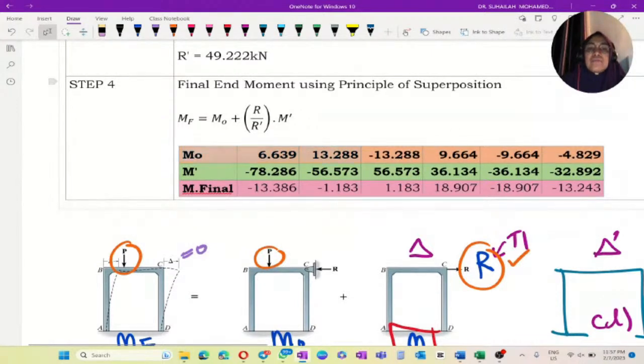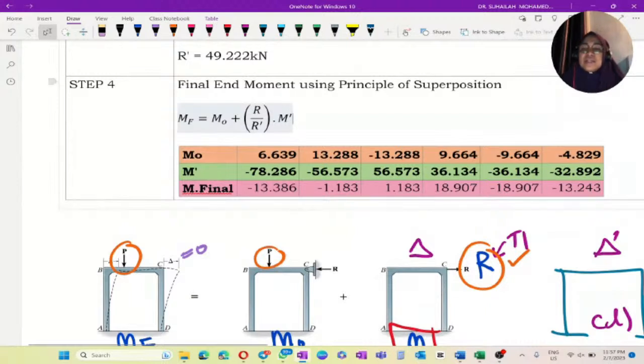So the summary of this is given in the table like this. The first row is for the M naught that we get from table number 1, the no side sway frame. M prime is the end moment that we get from table number 2. This is the side sway frame, and we have the correction factor.